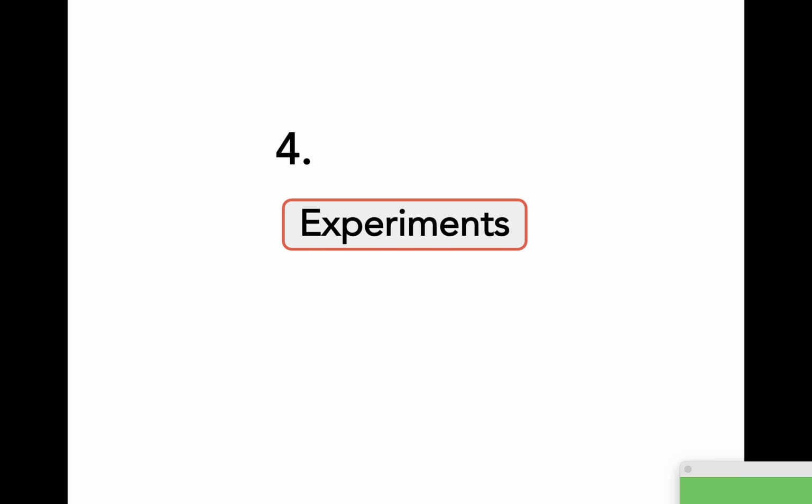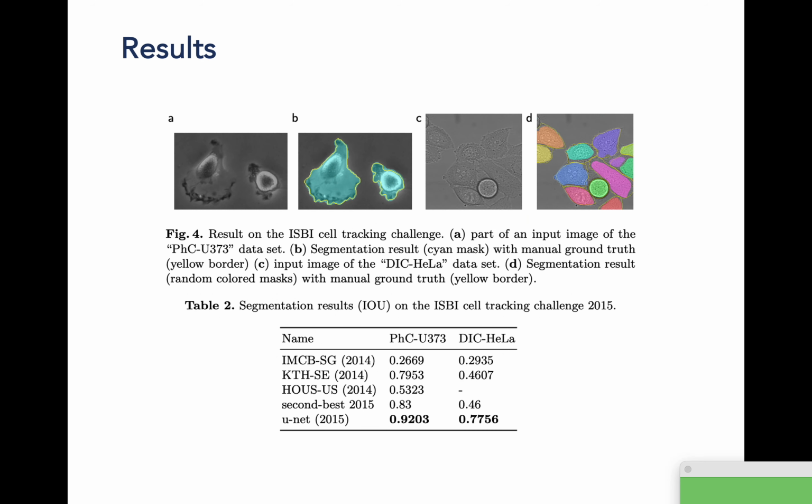So for the experiments that they did, I believe this is just a result from this ISBI cell tracking challenge back in 2015. In A, you can see part of an input image of these data sets. In B, you can see the segmentation results, which is a cyan mask with a manual ground truth of the yellow boundary.